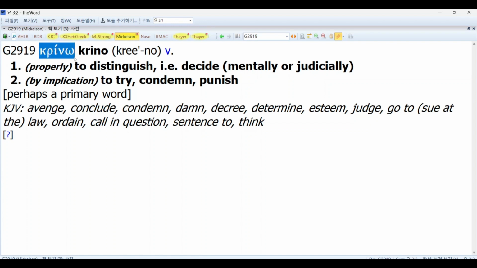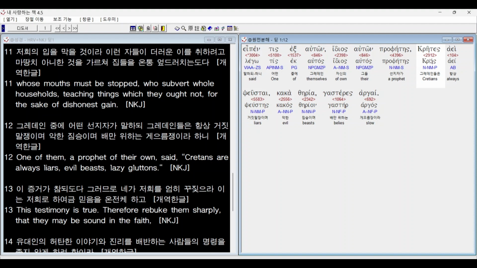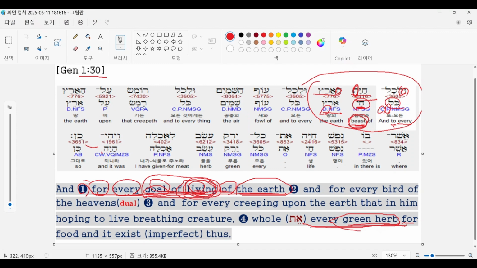From this verb, Cretans, which is Cres, is made as a noun. And who is the one to be judged? Oh, they are the ones whose goal of living is the earth. Who is eating the green earth? They are the ones who are not believing into Christos Jesus.